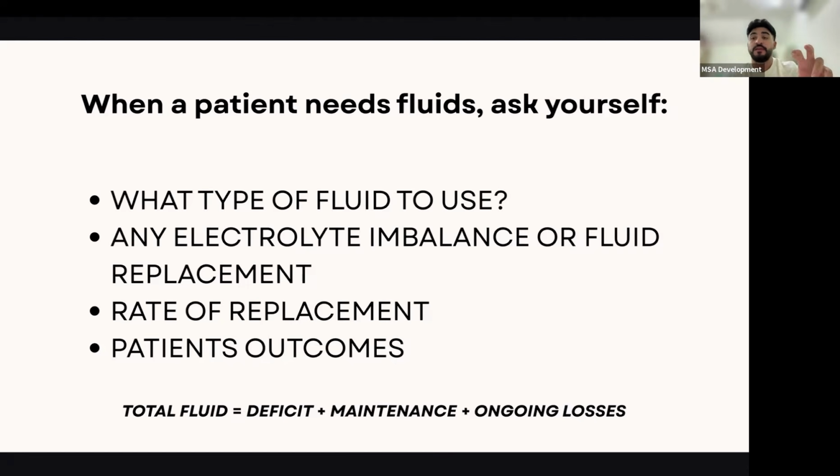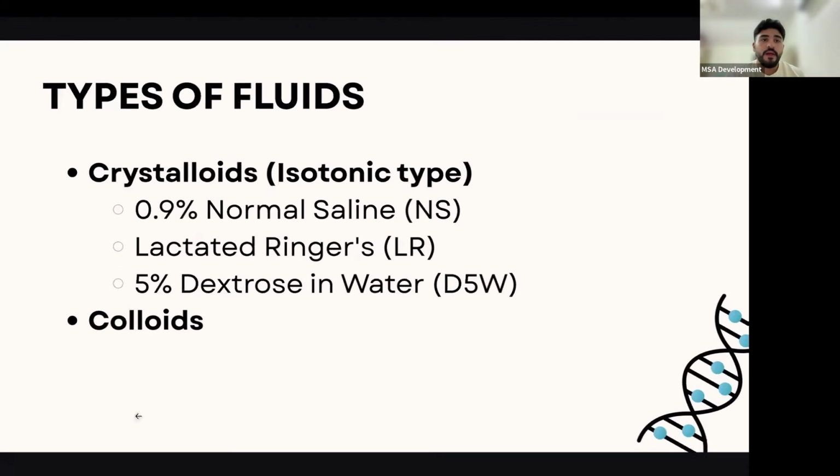So this is something you need to give. Let's say you need to maintain it with, let's say, for example, 100, all right? And then let's say there are some ongoing losses going on of around 200. So you need to add all of these up, and this is the total amount of fluid that you need to be giving the patient within a variable amount of time, okay?